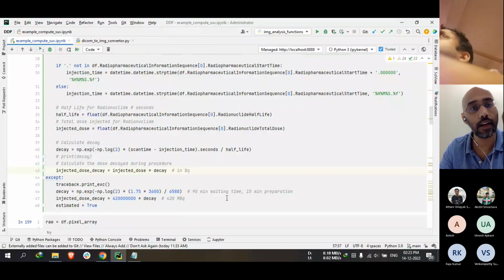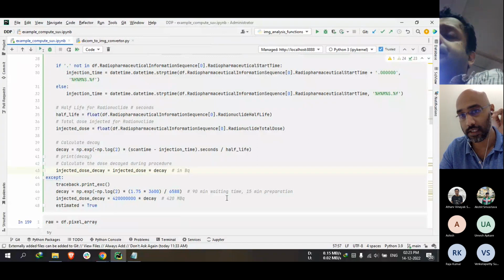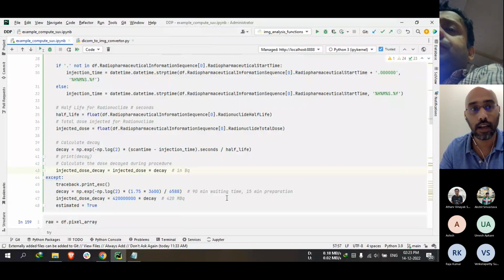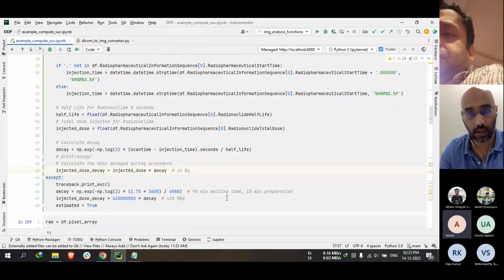Yeah, but that would be critical depending on the metastasis site, right? If the metastasis site is different, the weight of the patient plays a very critical role in the SUV max level, right? I didn't get you. I don't think so.